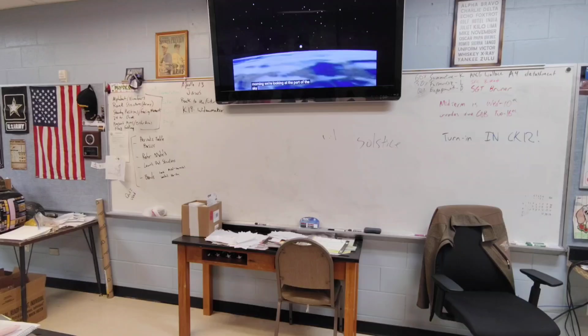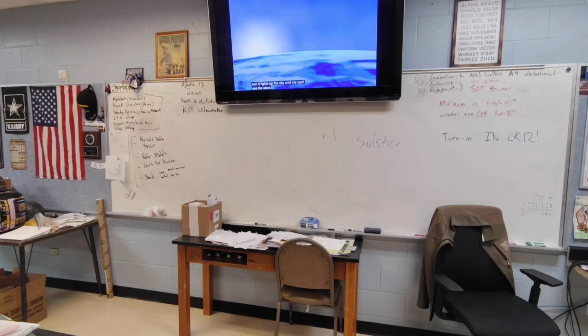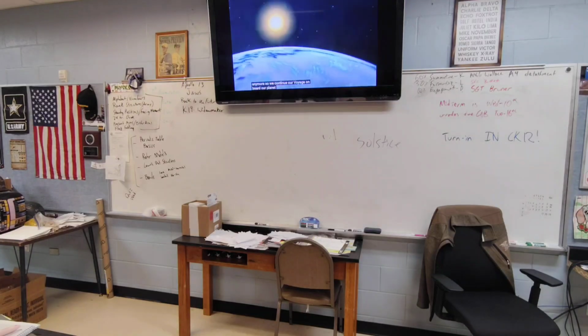We're looking at the part of the sky where Venus is. It appears on the horizon well before the sun, while it's still dark and the sun is still below the horizon to the left. That's why, in this position, we see Venus in the morning, at dawn. As the Earth continues to turn, we see the sun. It lights up the sky until we can't see the stars or planets anymore. So we continue our voyage on board our planet Earth.